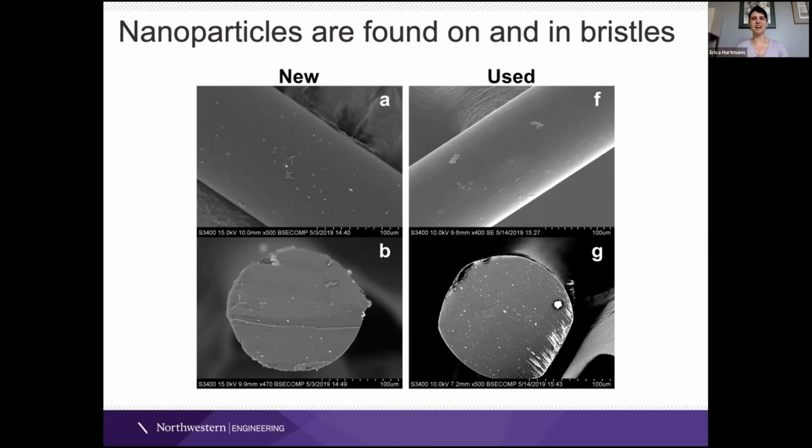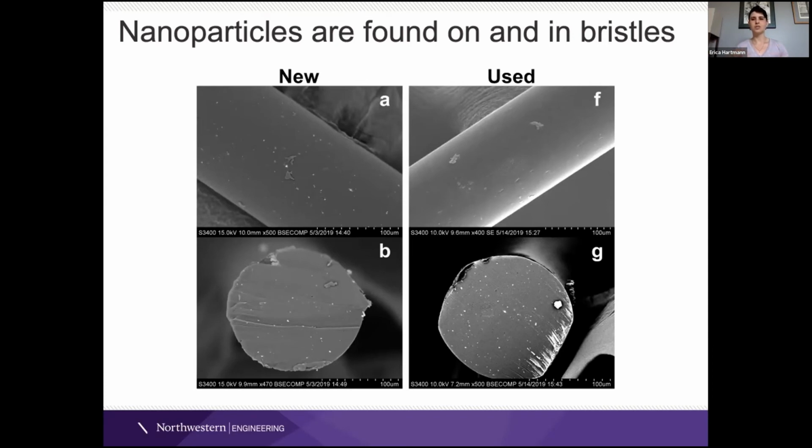Based on our data, I am fairly certain that the nanoparticles at the interior of the bristles are basically doing nothing. There's no way for the microbes on the surface to interact with the nanoparticles deep within the material itself. So that's the first issue. The second issue that we saw is we built a little instrument to reproducibly brush with these toothbrushes.